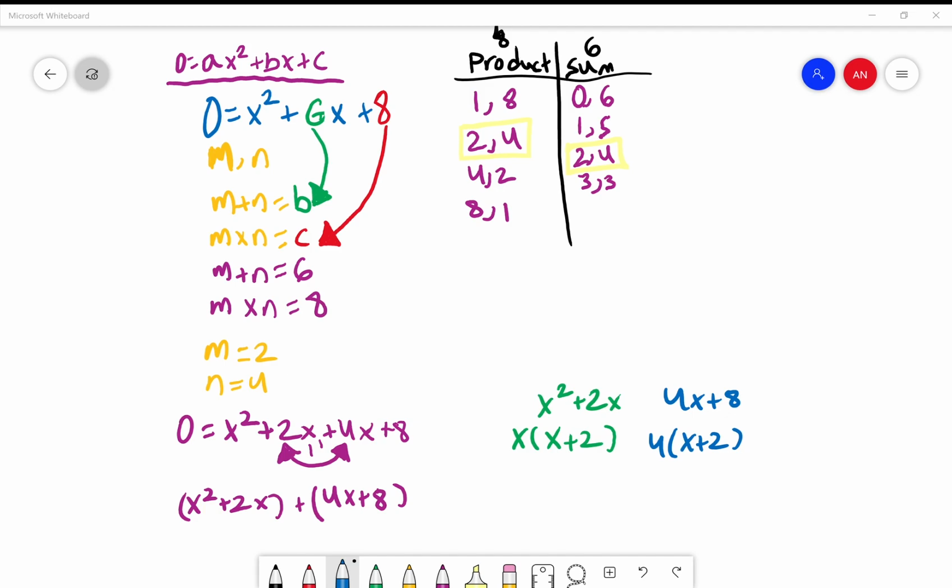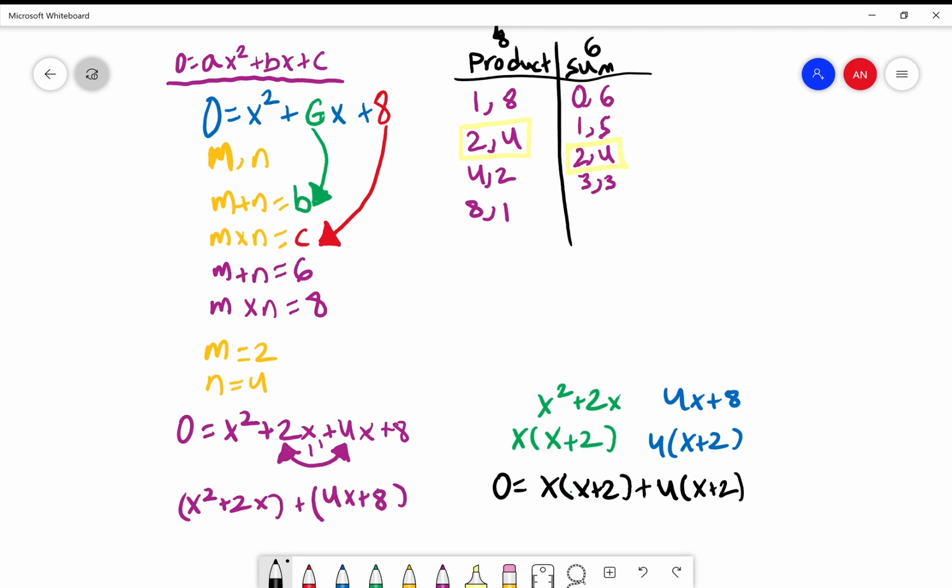So now we have two expressions that are factored. We can rewrite the original quadratic equation like this: 0 is equal to x times x plus 2 plus 4 times x plus 2.